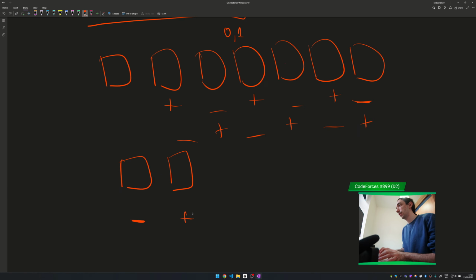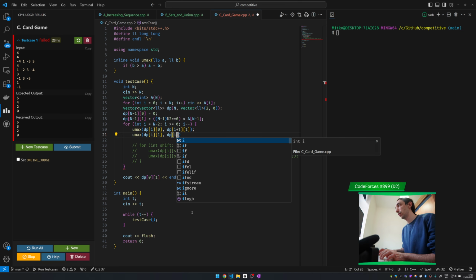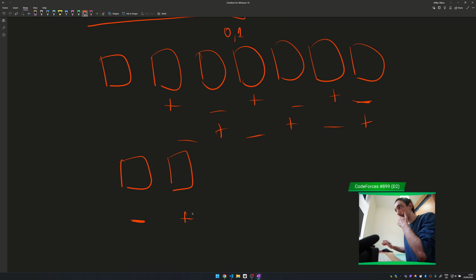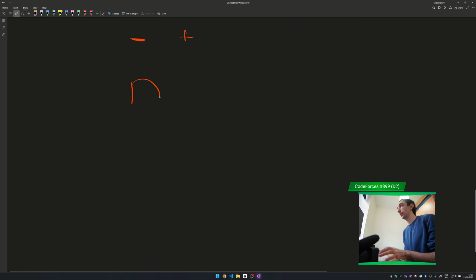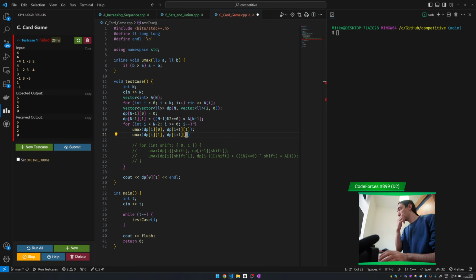Let's say that here is 1, and then we maximize it to dp of I plus 1, and we don't buy this element. So if this is plus and this is minus, we don't shift anything.